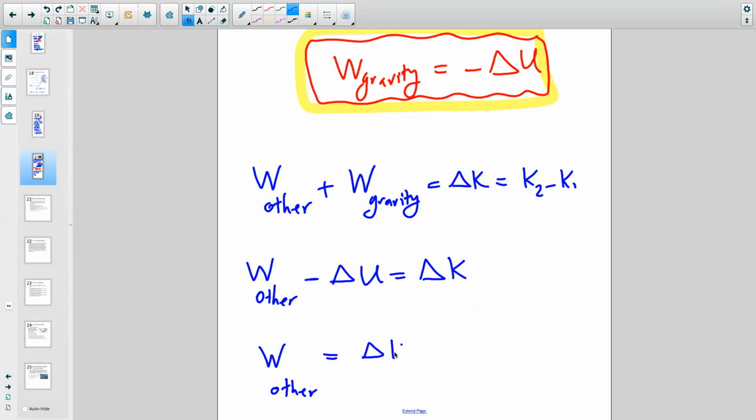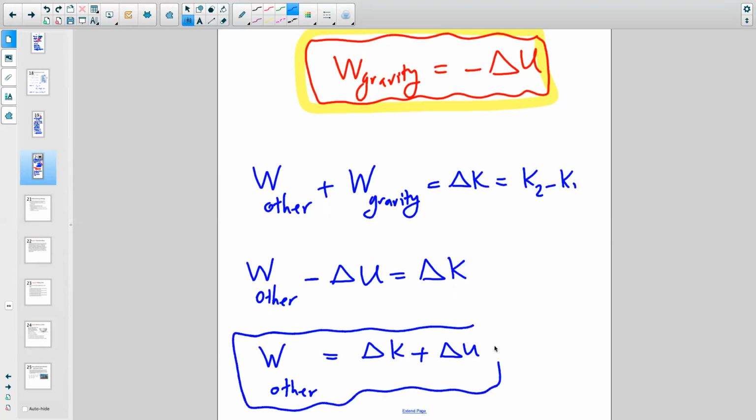Okay? So I can easily refer to this as the star equation from now on, because this is very important.